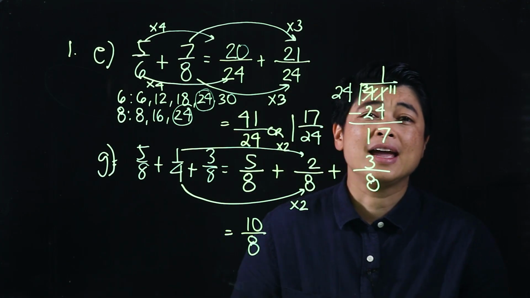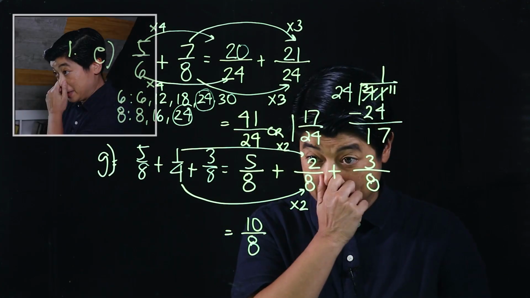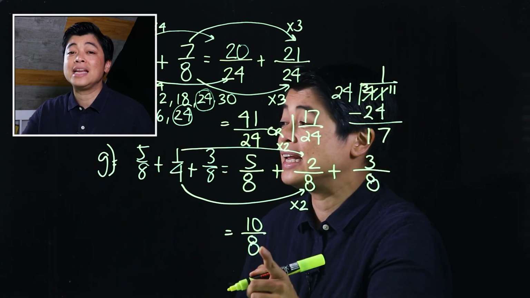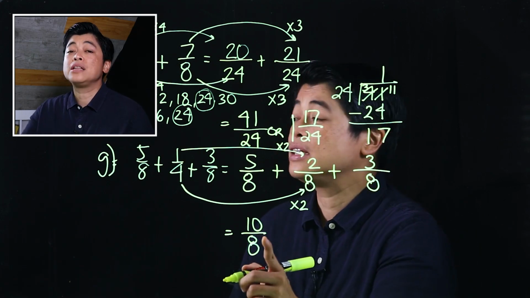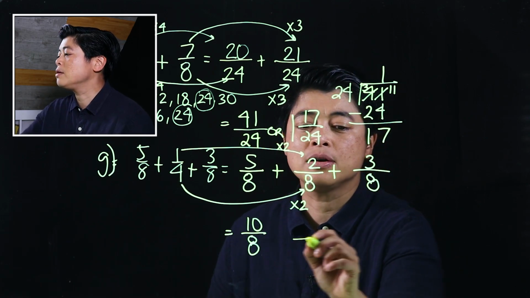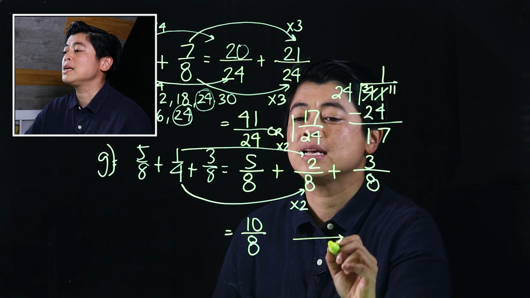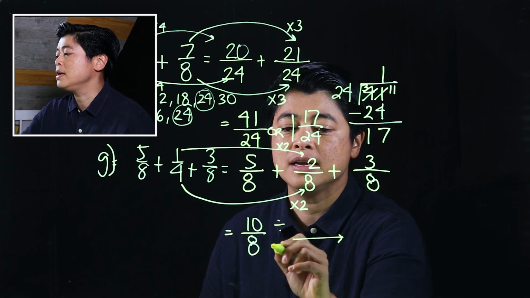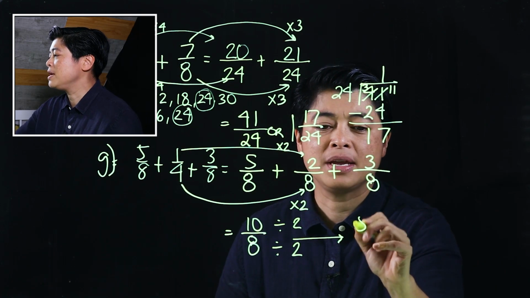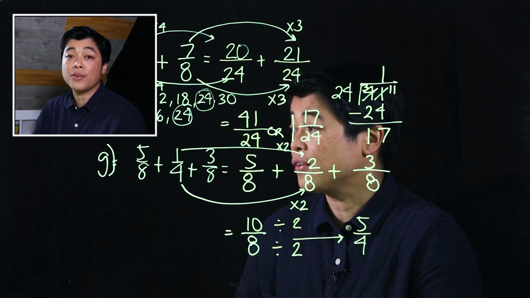Again, since the instruction says that we need to put it in mixed number, we have a choice of dividing now, or reducing and simplifying first and then dividing. I will go ahead and reduce and simplify first. I will divide by 2, which means that will be 5 over 4.